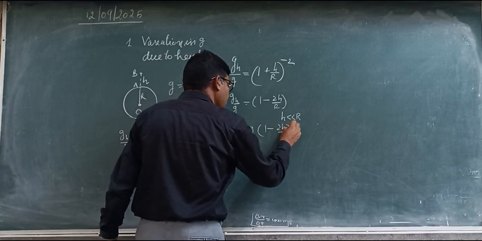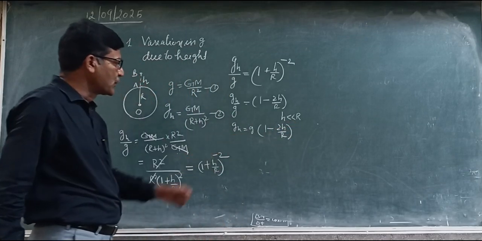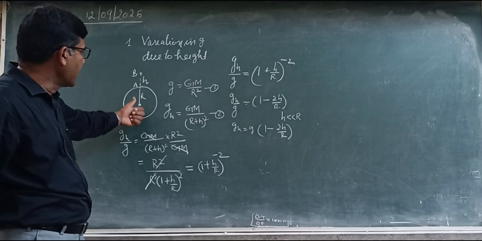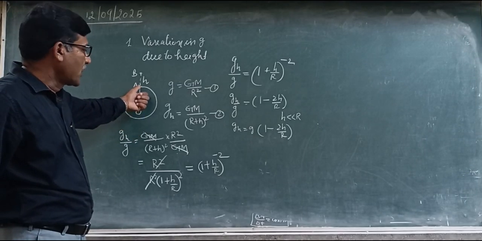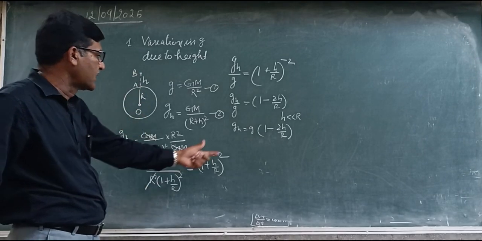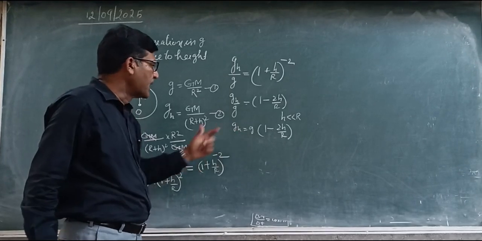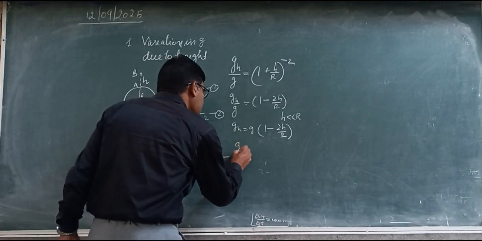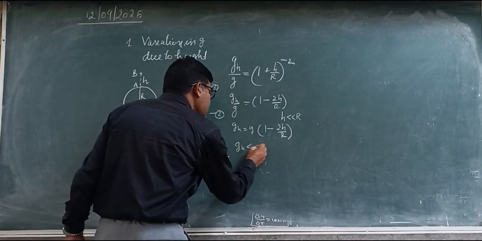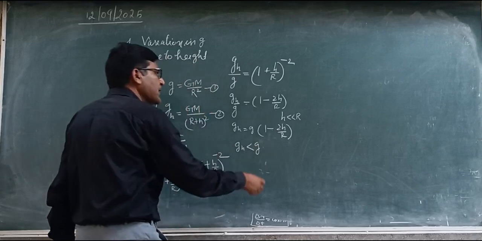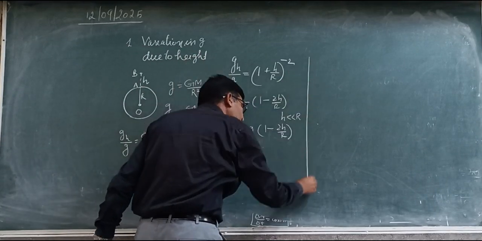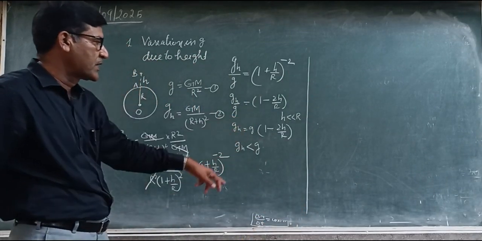So clearly from this equation you see that as we take the object from the surface of the earth in the upward direction, gh goes on decreasing. So gh is less than g. So g goes on decreasing. This is 1 minus 2h upon R.